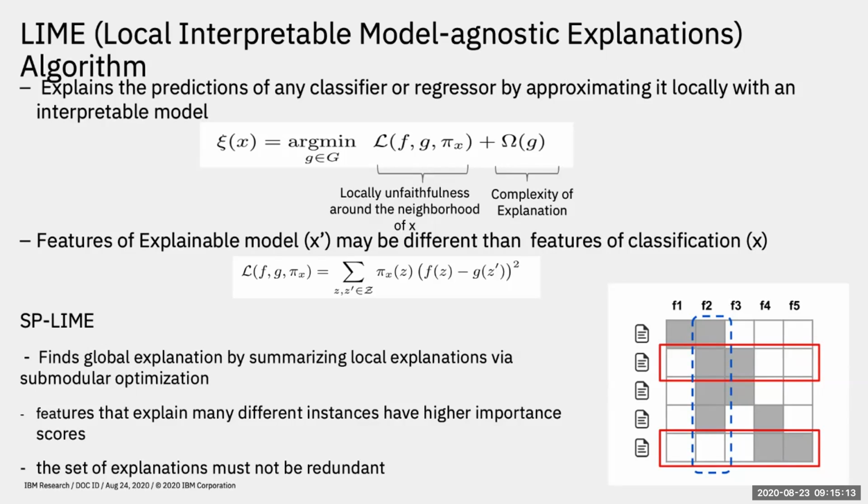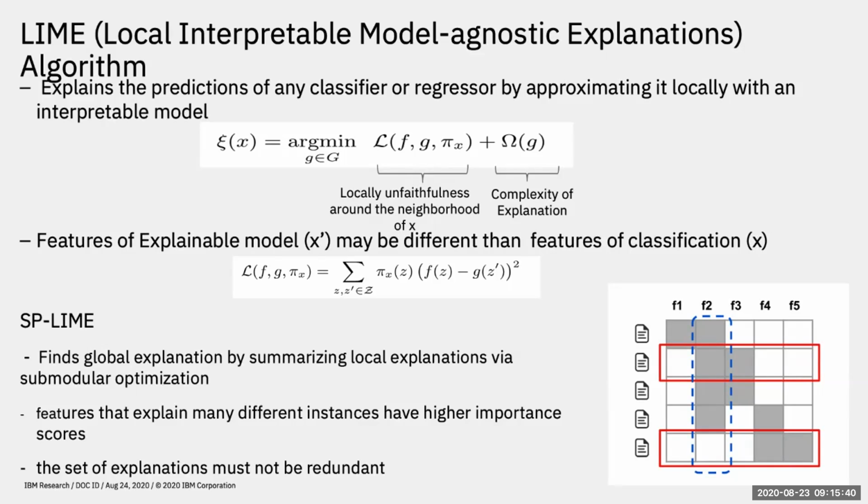What SP-LIME tries to do is to pick those samples and features that can cover most of the cells in this matrix in a non-redundant fashion. As an example, if we pick F2 as the most important explanatory feature, it can cover 4 out of the 5 samples here.